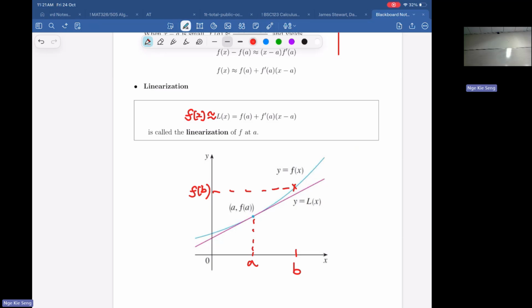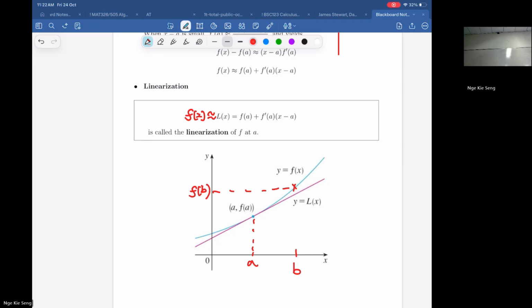But can you imagine that if b gets further from a, then the difference between the value of f(b) and the linearization of b will be very large. When it is close, these two numbers are very close to each other. Makes sense or not? When it is close, you just use your tangent line to compute it. It's easier, because sometimes the function has a lot of square roots or something else, but the equation of a line is just putting in the derivative and then the x, and then you get the y.